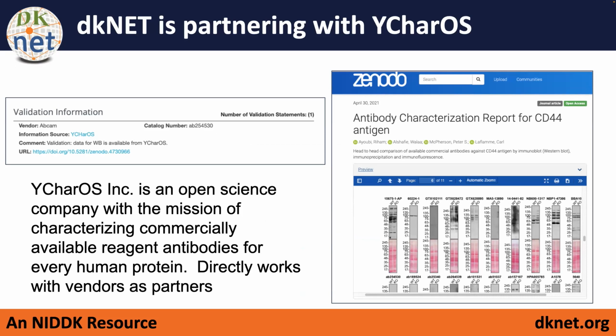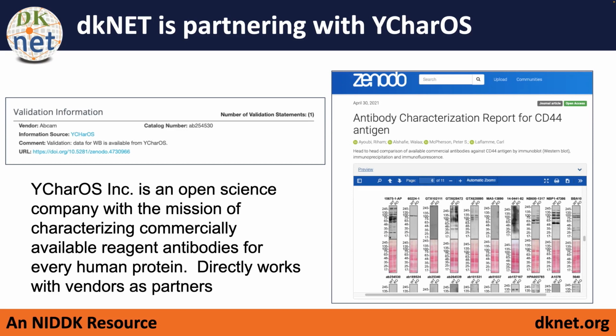One of the other groups that we're most recently partnering with is Icaros. They are an open science company whose mission is to characterize commercially available antibodies for every human protein. They directly work with vendors as their partners in characterizing large numbers of antibodies.